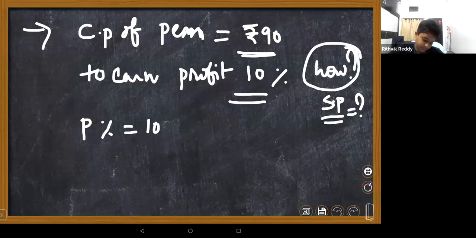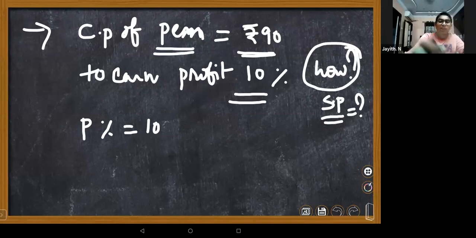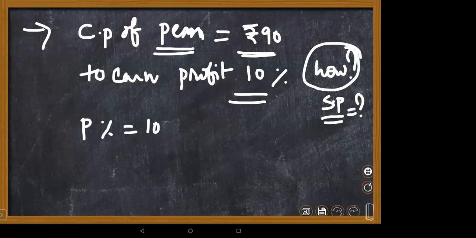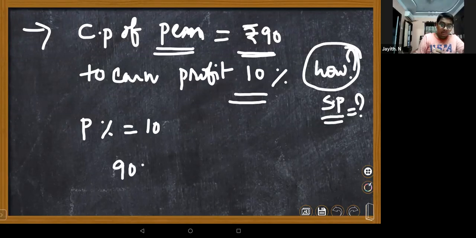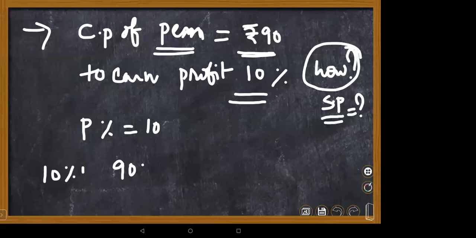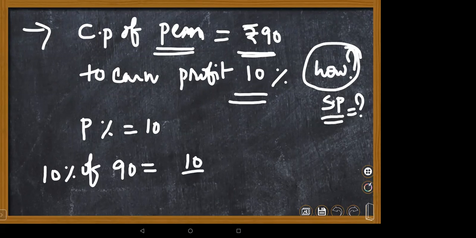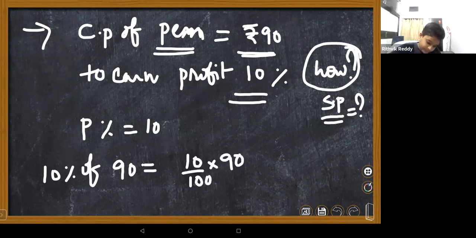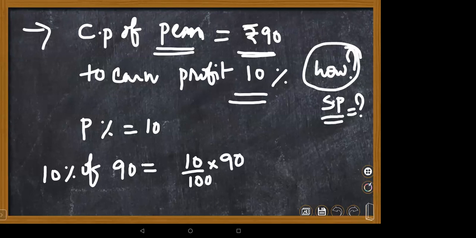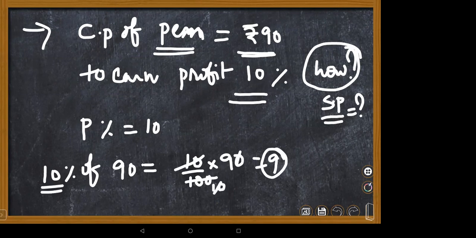Profit, ma'am, 10 by 90 multiplied by 100. 10% of 90 is nothing but 10 by 100 into 90. Please mute your mic, children. I'll help you. If I take 10 times 0, cut, only rupees 9 is left. So this is your profit.